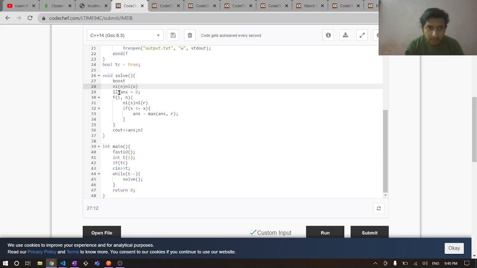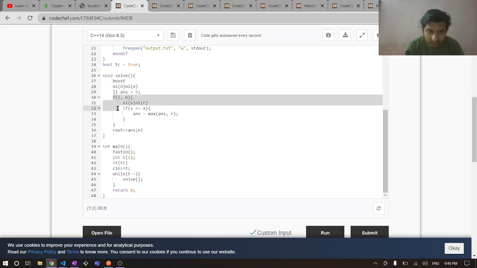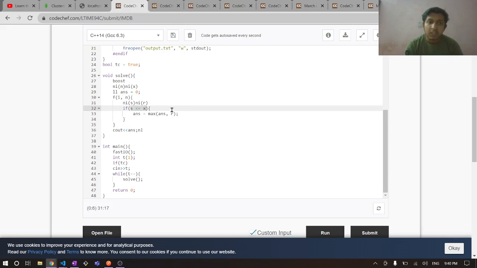Now my answer is initialized with 0, and for all the movies in Chef's friend's drive, I will read its size and rating. If size is less than or equal to the capacity of Chef's drive, then I'll store this. Simple. And after this entire loop, I'll print the answer and a new line.